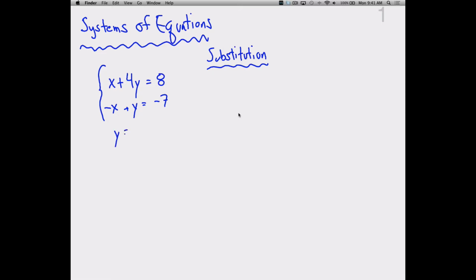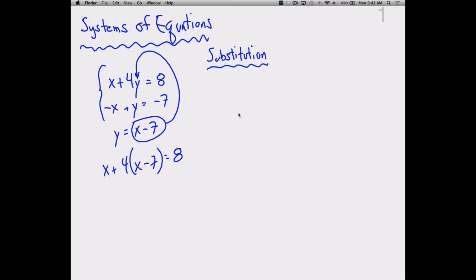So y is equal to x minus 7. We good so far? Okay. Take this, plug it in up here, and it becomes x plus 4 times the quantity x minus 7 is equal to 8.